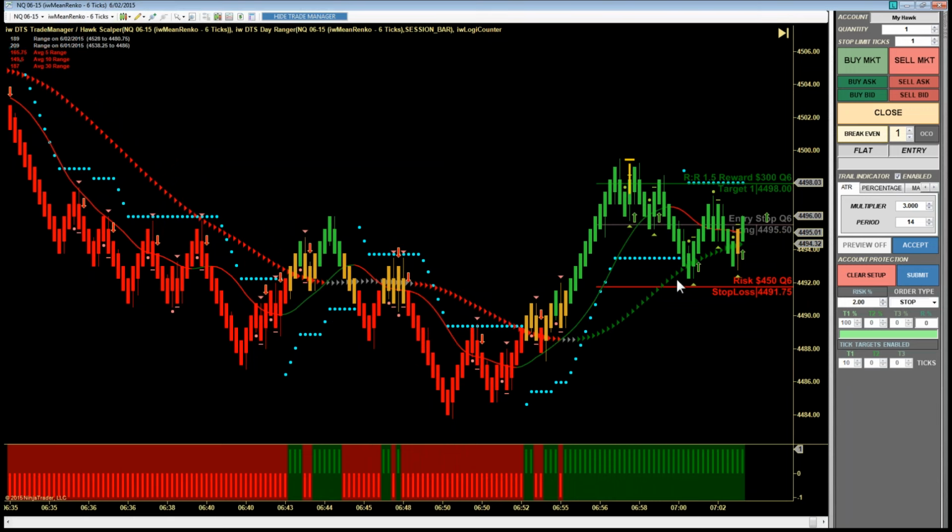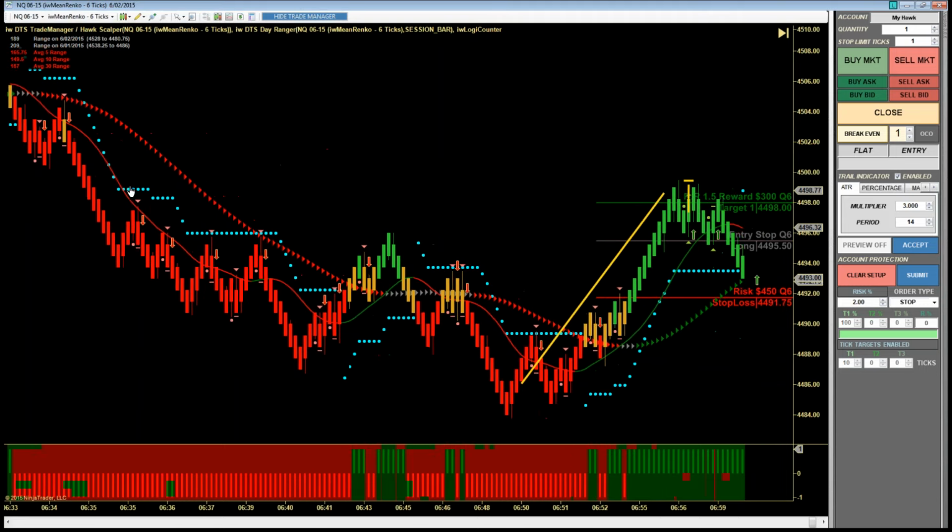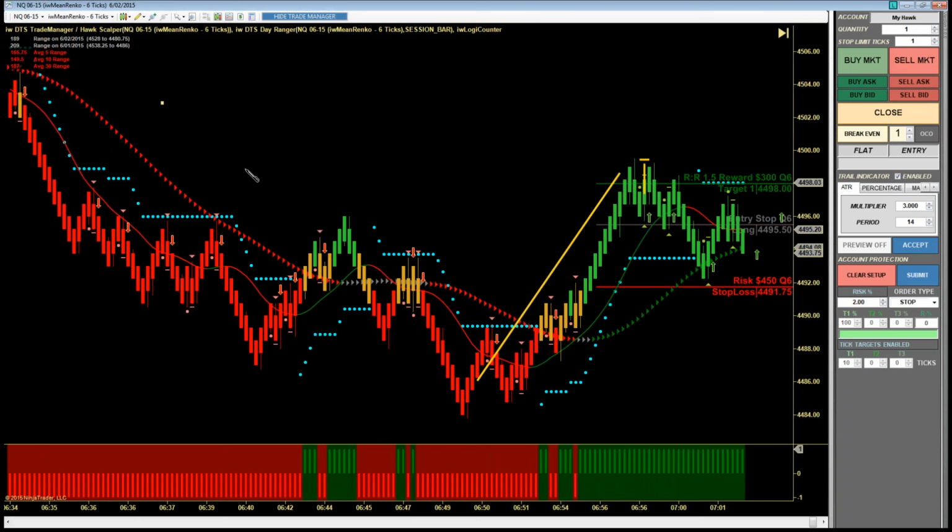Why frame it tighter? Well, once again, the buyers have shown that they're now ready to push the market higher. How do I know that? Well, because this was the buyer's effort, right? This was the seller's effort.